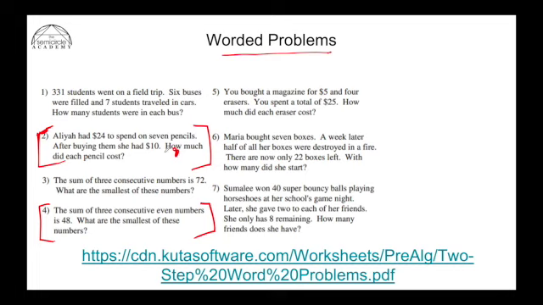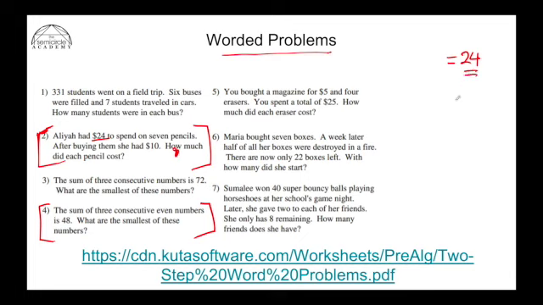Where's the expression for the first one? I had 7x for 24 months. Yes, but at the end of the day, you take the total. So Aliyah had $24. You take the total and put it on one side of the equation. She had $24.